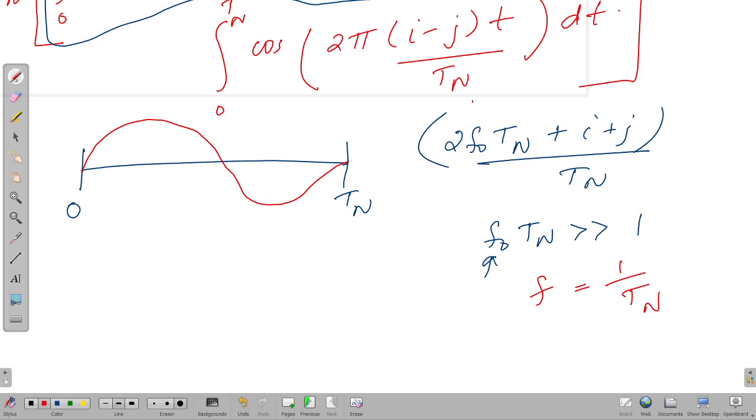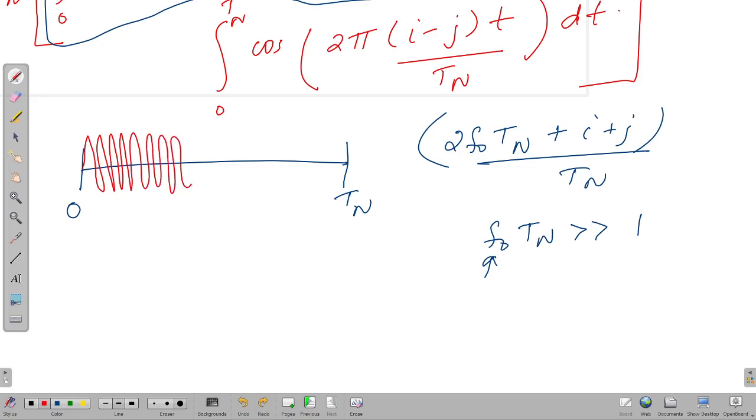So you have this multiple multiplied with 1 by Tn. And as such your wave will look something like this: very closely spaced waves.